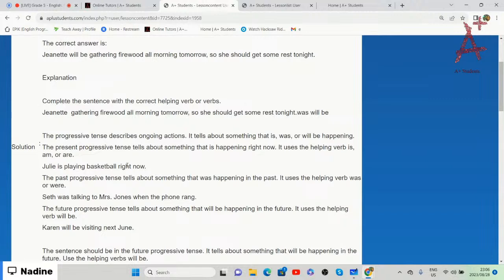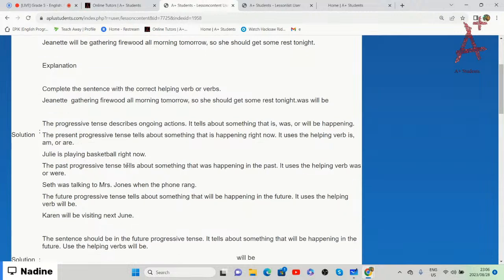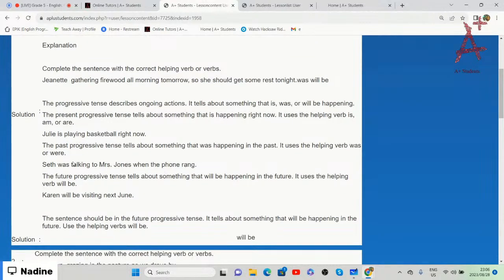So that is the past progressive tense, which tells us about something that happened in the past. We use the helping verb was to indicate mainly a singular person, place, or thing, or were, which usually refers to a plural form.